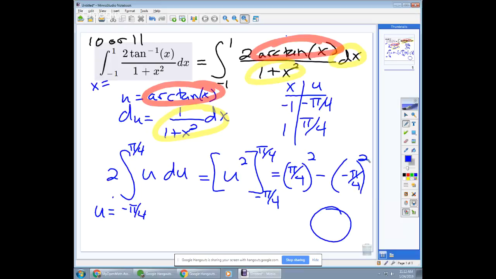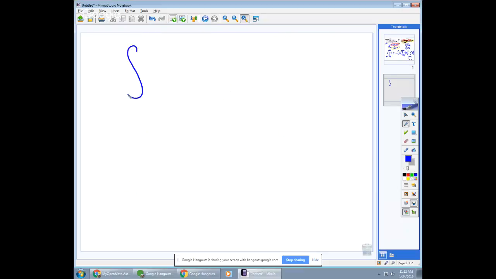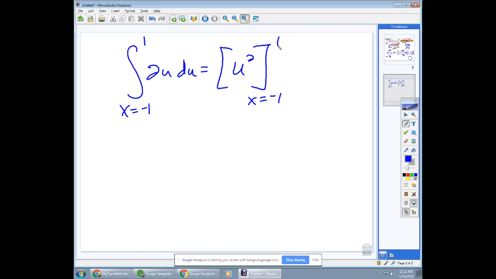All right. So a slightly different version of this is if I don't change the boundaries. If I leave the boundaries as x goes from negative 1 to 1, and I have 2u du here, then after I say this is u squared, I got to put the x stuff back in to use these boundaries. I can't plug in negative 1 and 1 right now. What is u equal to? Arctan.